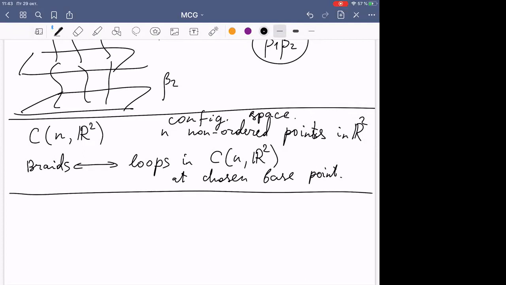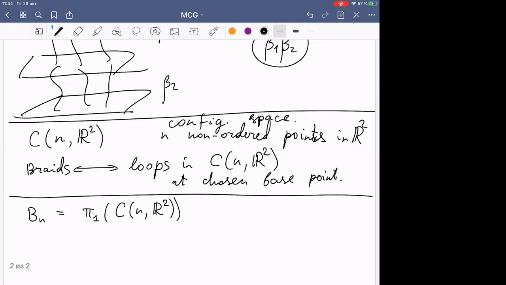Isotopy of braids is exactly isotopy of loops, and so the braid group is exactly the fundamental group of this configuration space. This is the second point of view.